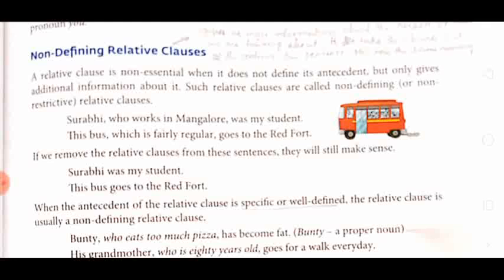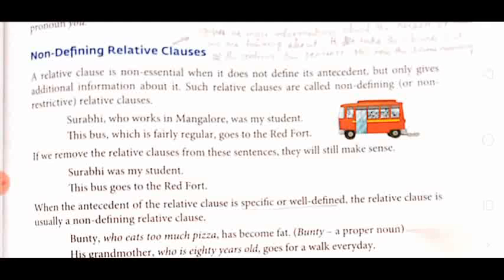And when we use a non-defining clause, we are going to separate it with a comma. Okay, these two things you keep in mind, which I said. A relative clause is non-essential when it does not define its antecedent but only gives additional information about it.